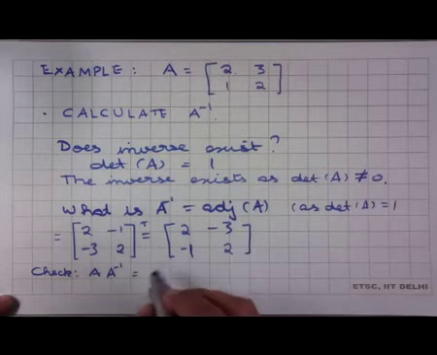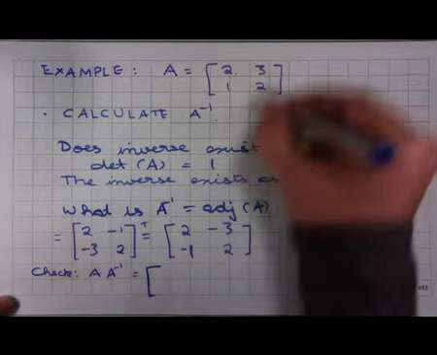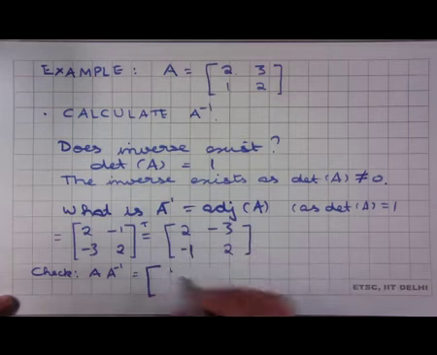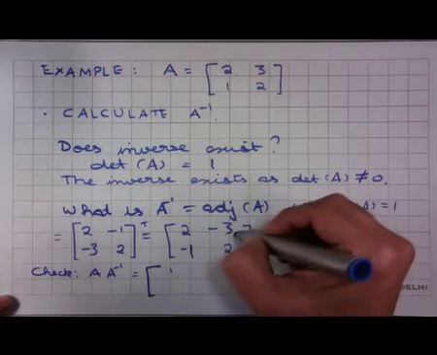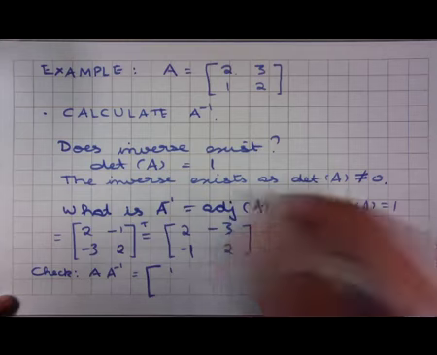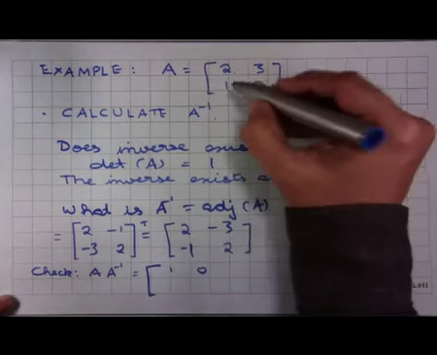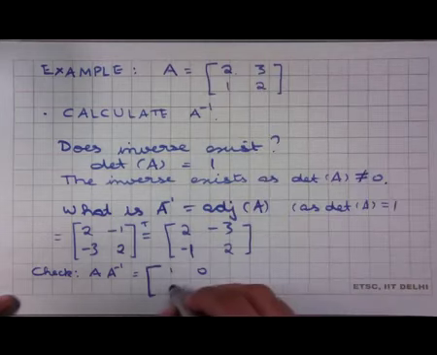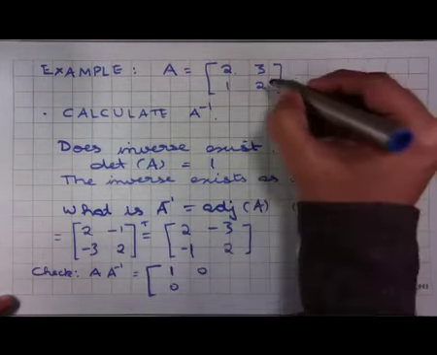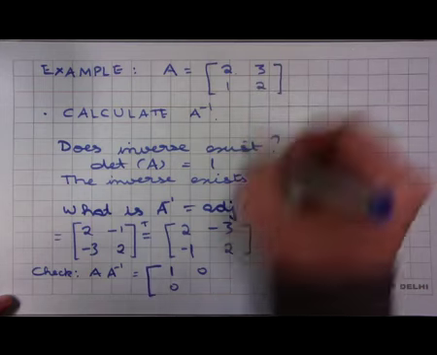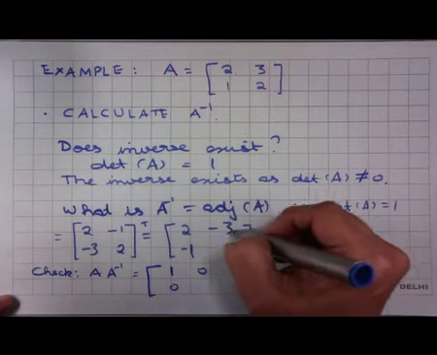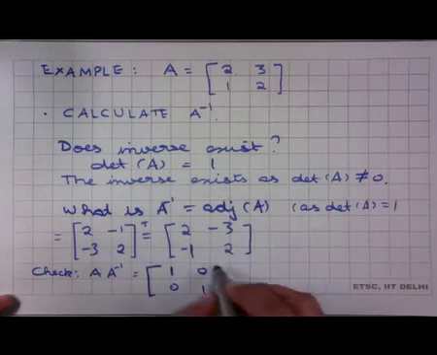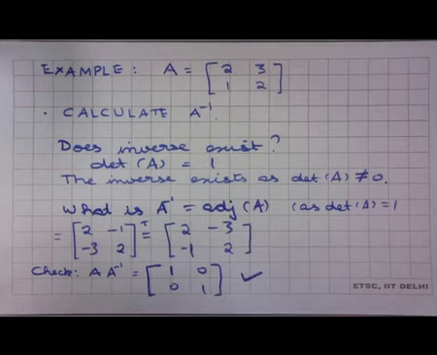The first element is 2 times 2 plus 3 times minus 1, so that is 1. The second is 2 times minus 3 plus 3 times 2, so minus 6 plus 6, that is 0. This entry is 1 times 2 plus 2 times minus 1, which is 0. And the last entry is 1 times minus 3 plus 2 times 2, so 4 minus 3, again that is 1. Which is exactly like the identity.